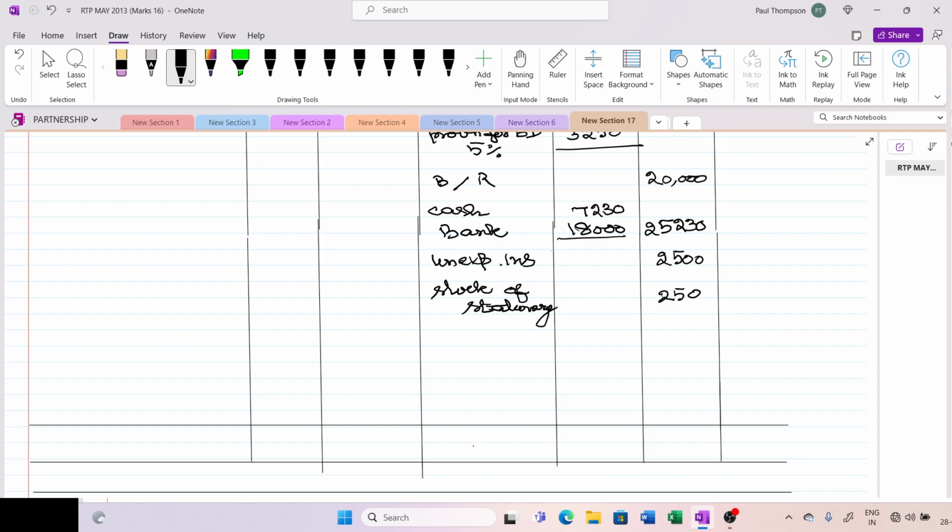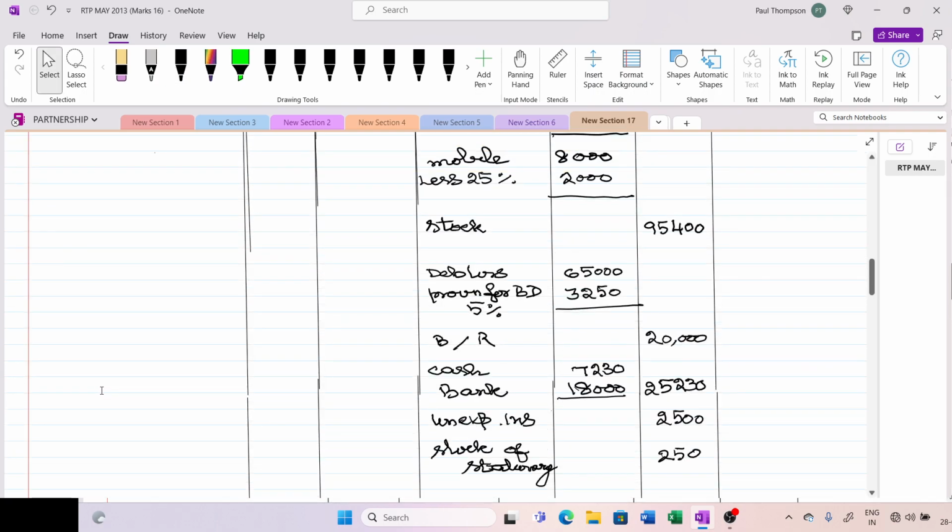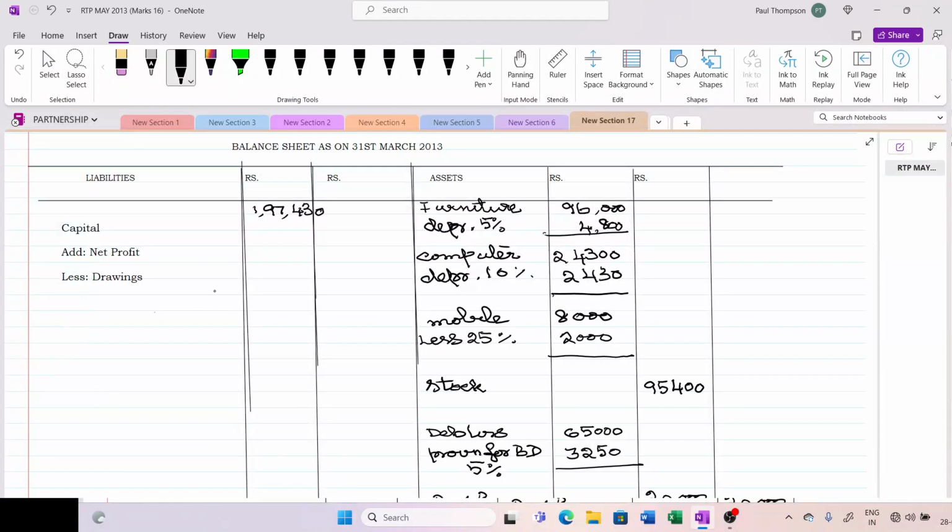Now next one is salary outstanding. This will also go to two places. Here we will write the outstanding expenses: salary 8,300, then rent outstanding 6,000.